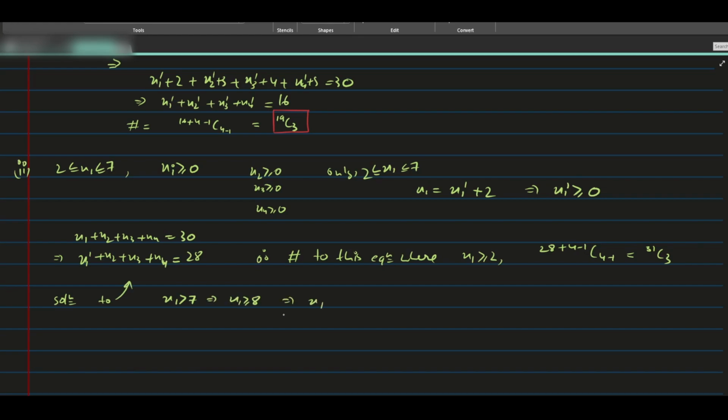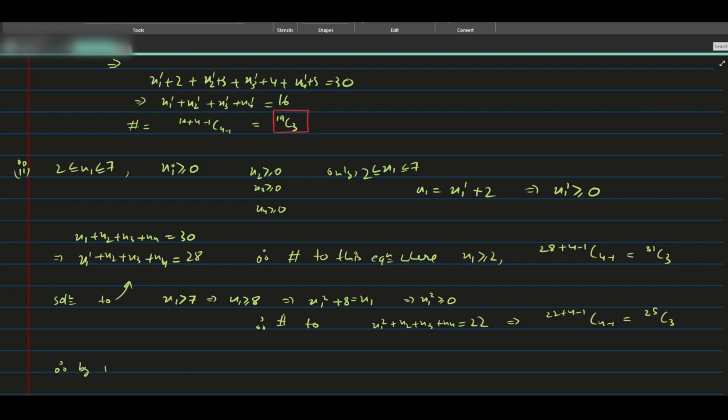So we define a new x1 double prime plus 8, such that whenever x1 double prime is 0, x1 is minimum 8. Please notice this is not a square, this is just a way of noting this number. The number of solutions to x1 double prime plus x2 plus x3 plus x4 equal to 22 is 22 plus 4 minus 1 choose 4 minus 1, which equals 25 choose 3.